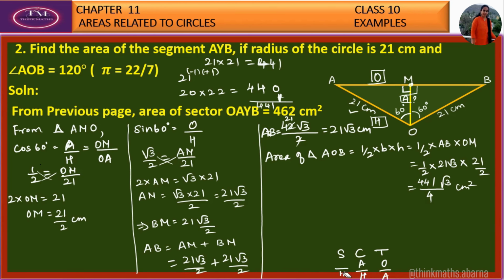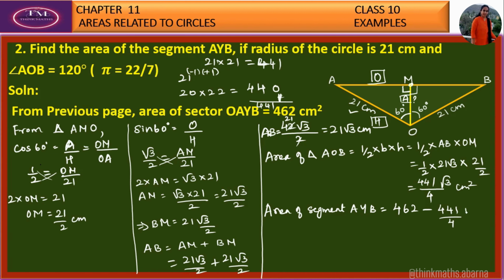Okay, so now applying this, let me erase this. So area of segment AYB is equal to area of sector. What is the area of sector? 462 minus area of triangle, 441 root 3 divided by 4. So here we have 21 as common.